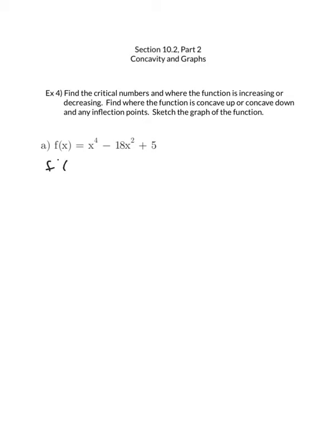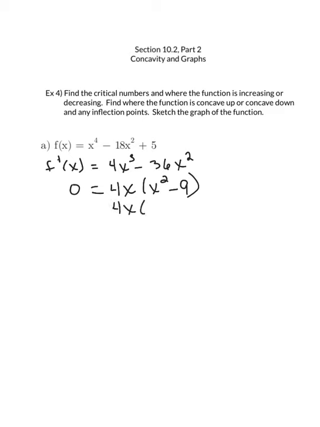So the first derivative is 4x to the third minus 36x squared. Set this equal to 0, and notice that 4 and x both factor out of each term. If we do that, we will have x squared minus 9 left inside, and that factors into x minus 3 times x plus 3.